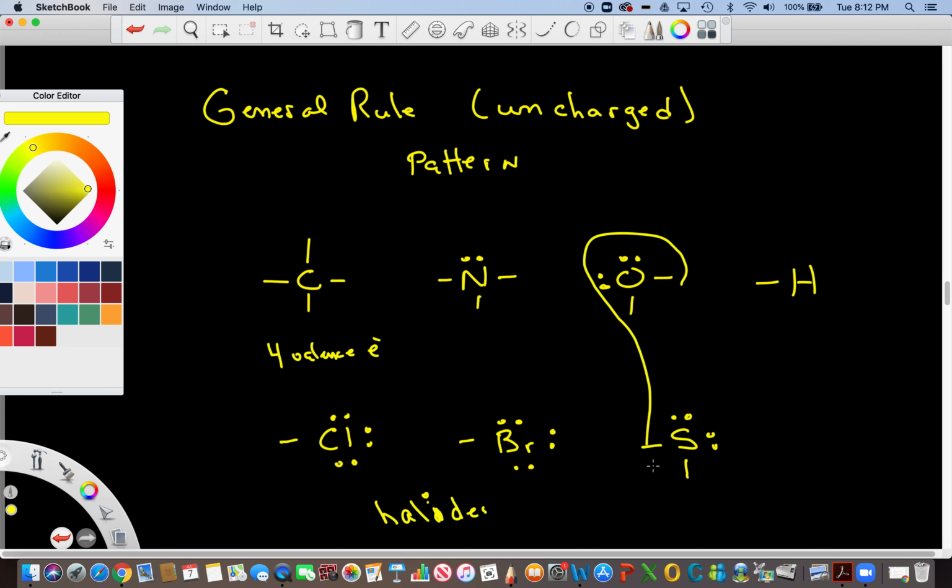Well, I wonder why. Because they're in the same family on the periodic table. Why are the halides the same? Because they're in the same family on the periodic table. So that will always hold true for uncharged species. We will do more Lewis dot structures.